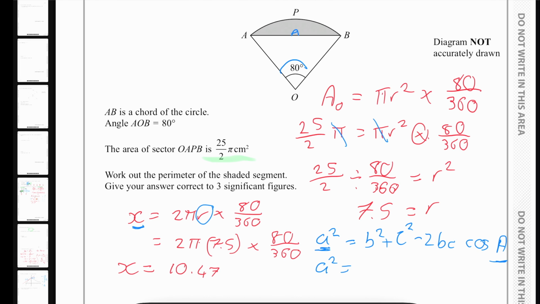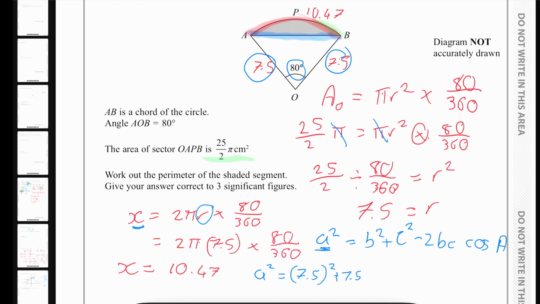And then the other two are just on either side. So plugging all that in, we've got 7.5 squared plus 7.5 squared minus 2 times 7.5 times 7.5 cos of a, which is 80.